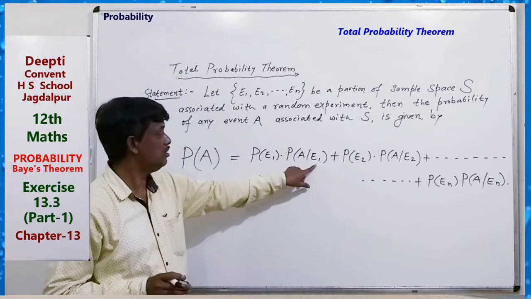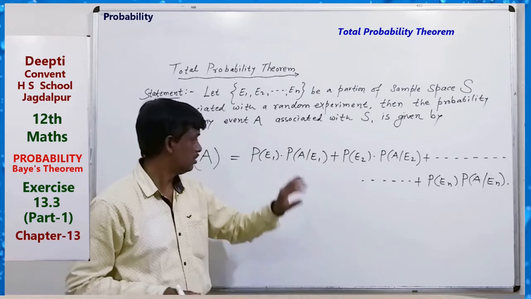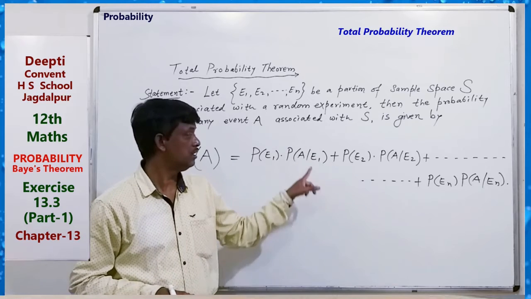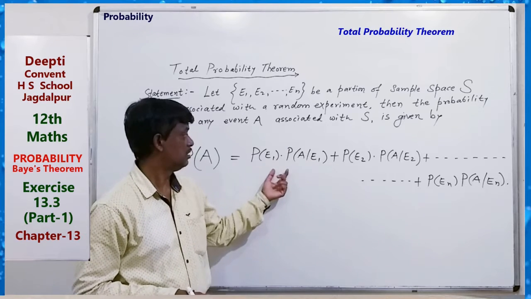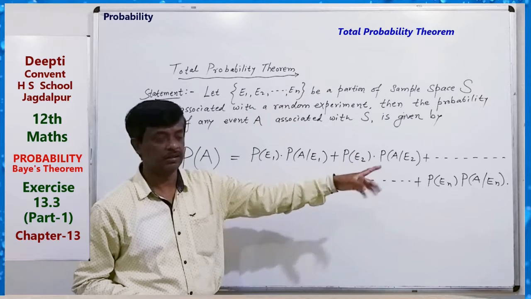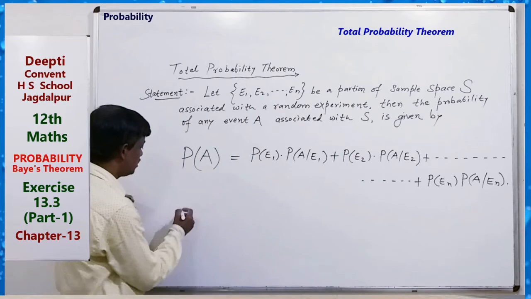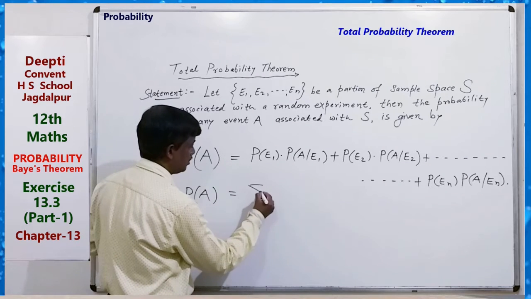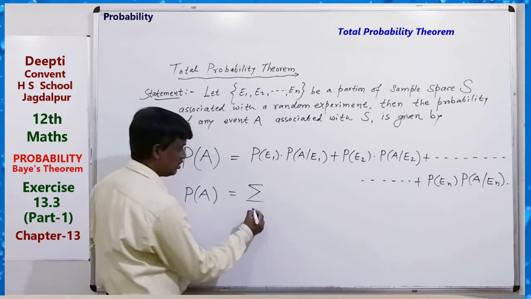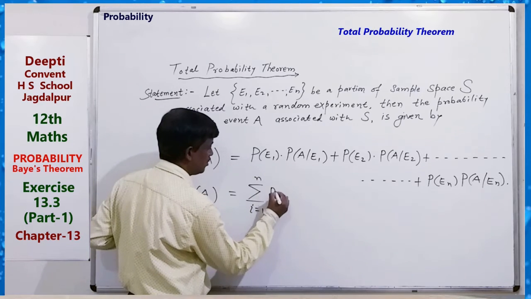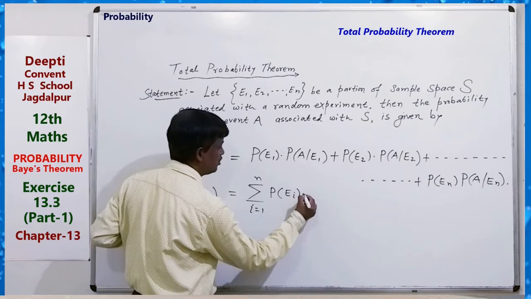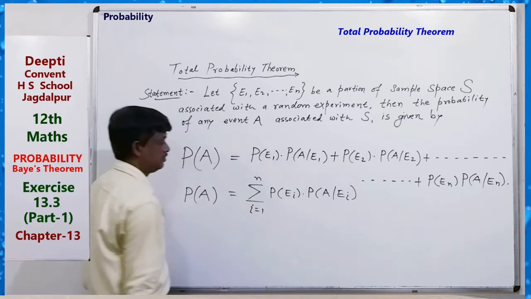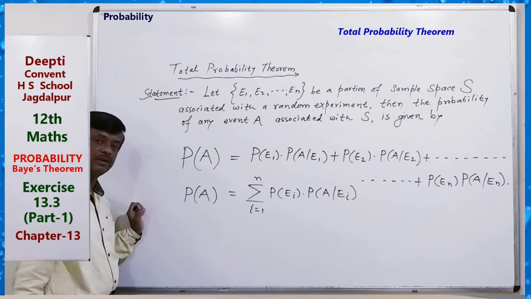So it is P(E1), that probability, times the happening of A, provided E1 already happened. Similarly for the second, third, and nth. So this is the total probability theorem. It can also be written in summation notation: P(A) equals the sum from i equals 1 to n of P(Ei) times P(A given Ei).